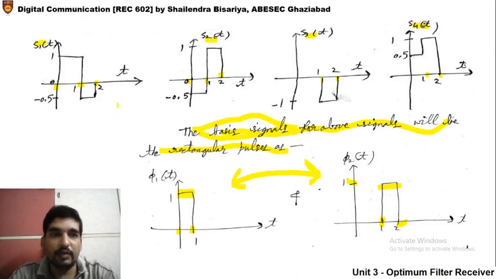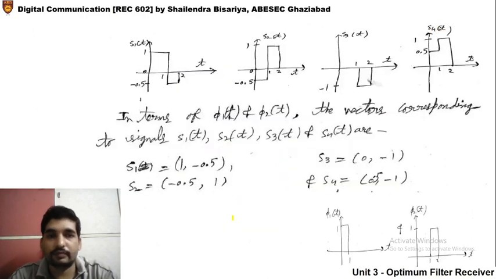That means if we take two axes, phi 1 and phi 2(t), we can draw all these signals in vector space based on the values of phi 1 and phi 2. So let us do that. These are our four signals: S1(t), S2(t), S3(t) and S4(t).